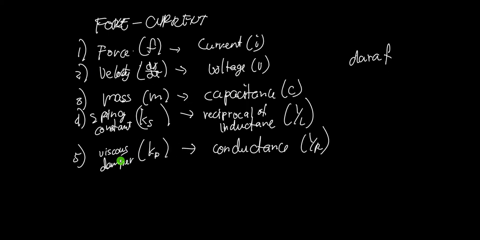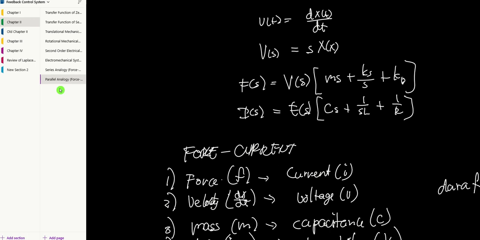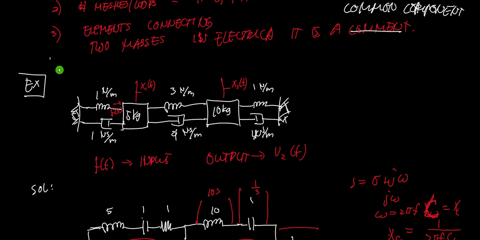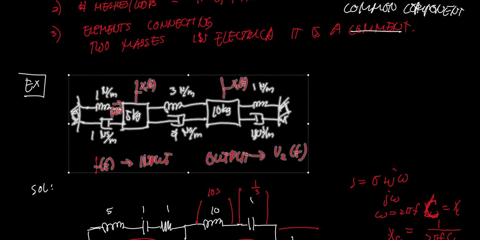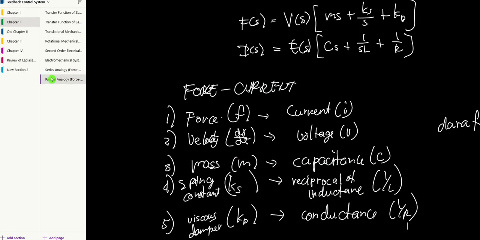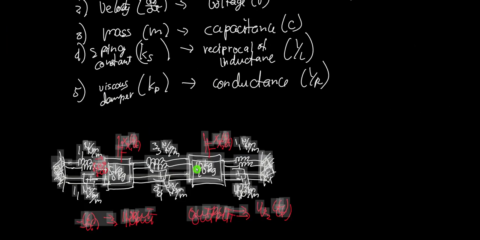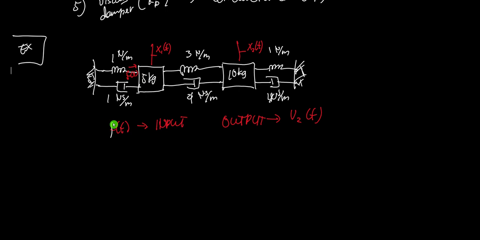Now let's try to create again the circuit of the previous example from the force voltage analogy, the series analogy. So our example here, I'll just copy this one. Instead of using the series analogy, let us now use the parallel analogy. So what are the components here?